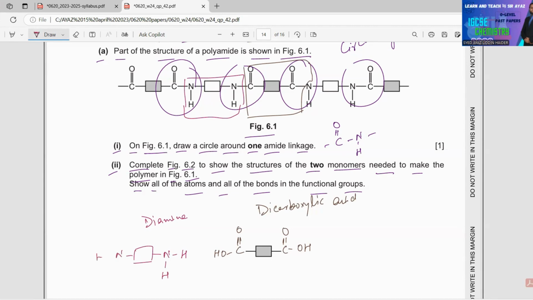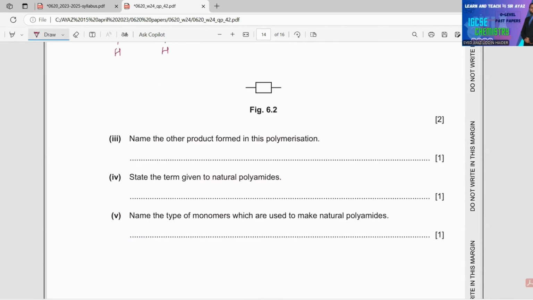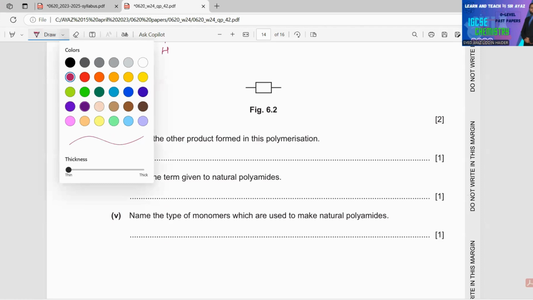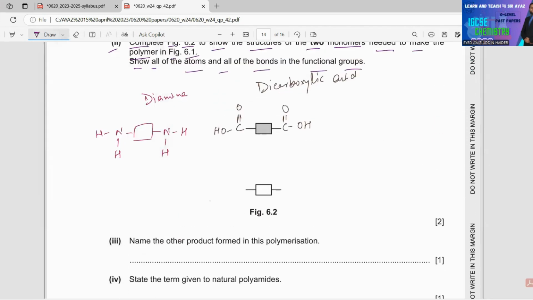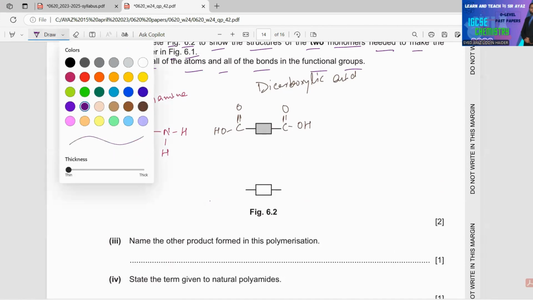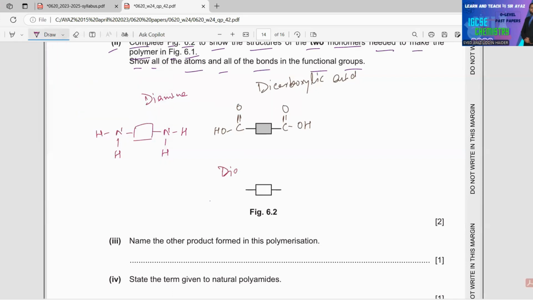So these will be the monomers for this polymer. You have to draw the diamine here. Let me do this again for you. And H2.